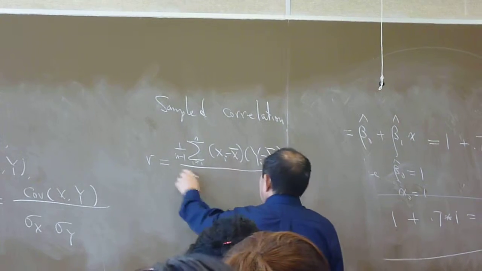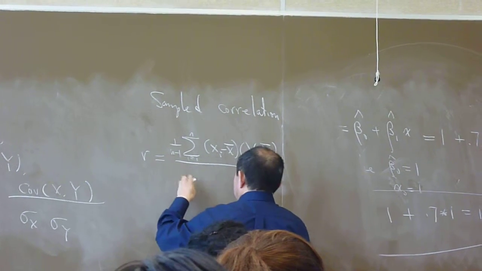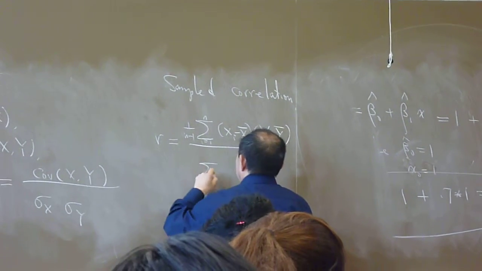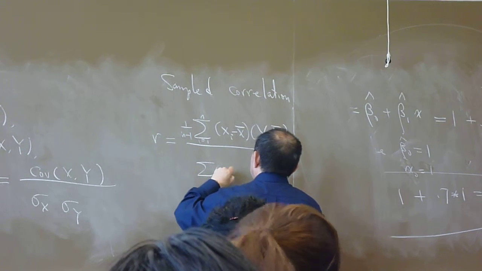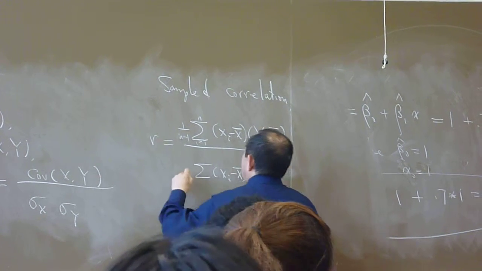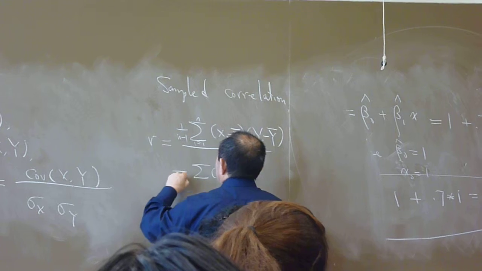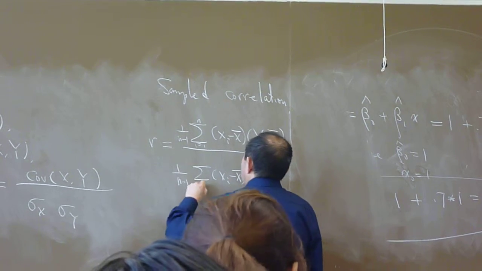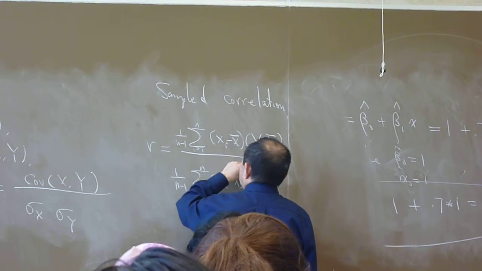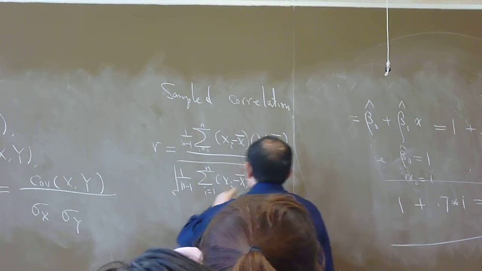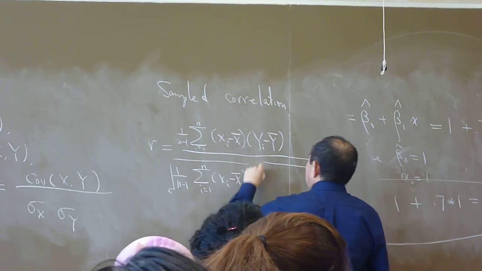But then in the bottom, you have a similar kind of thing. You also have this squared sum, then you take the square root of that, and you take the square root of this.